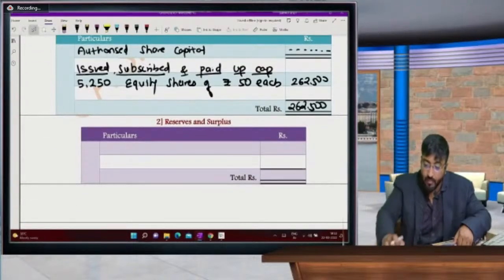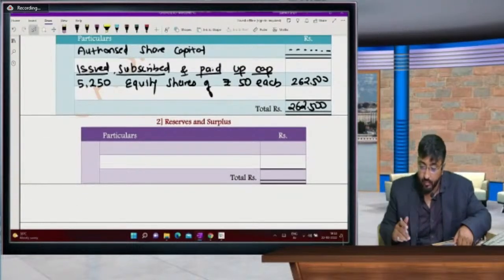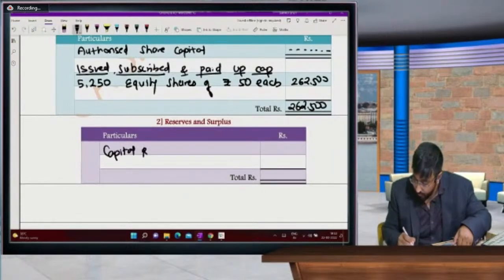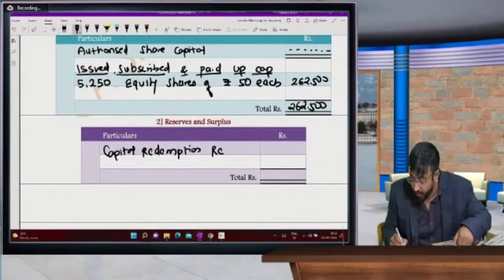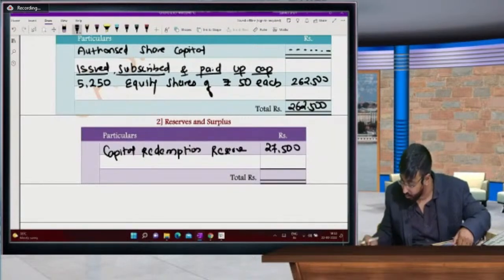Reserves and surplus, capital redemption reserve. But I am not getting any capital redemption reserve 37,500, but I am getting 27,500. Who is asking this? Pooja ji.